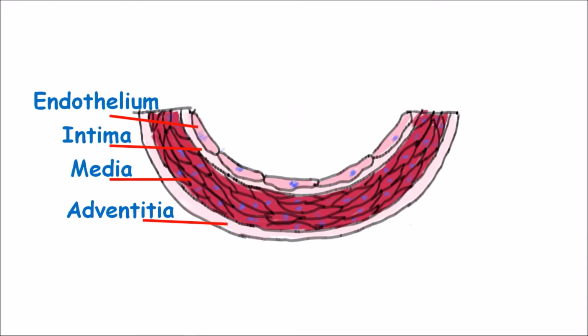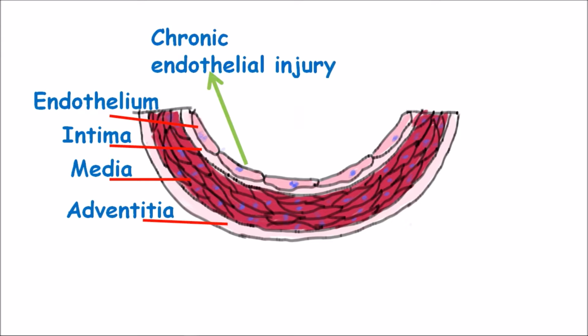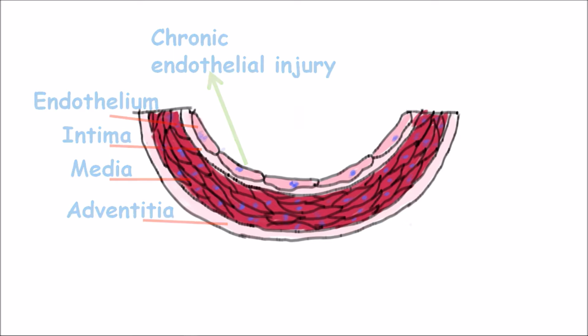Now what happens is that there is chronic endothelial injury, and this chronic endothelial injury may be due to hypertension, smoking, or certain toxins in the body, or sometimes the endothelium is damaged even due to some viruses.